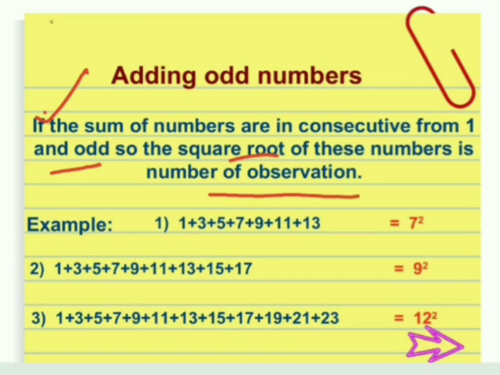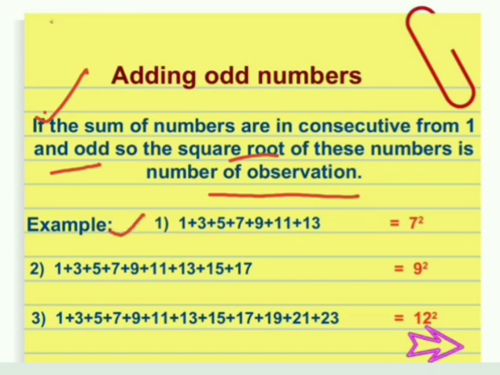It means if we want to find the sum of consecutive odd numbers starting from 1, then their sum will be equal to the square of the number of observations. So let's see the examples to make this property clearer to you.